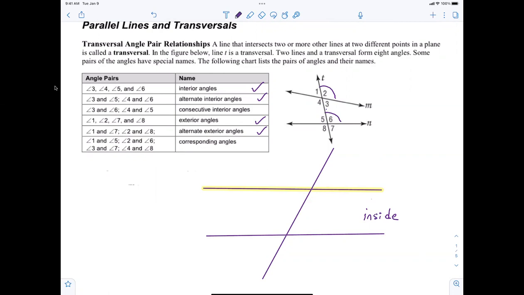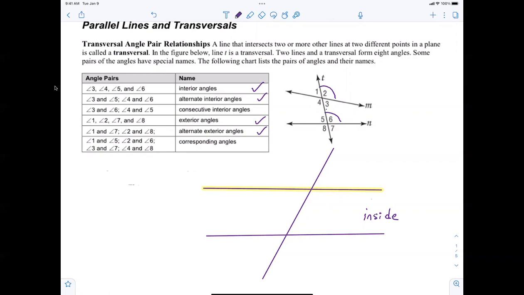Corresponding angles because they are on the right side, but on the bottom. And then you can say 1 and 5 are corresponding because they are on the left and on the top. That's what's meant by corresponding. And finally, 4 and 8 are also considered corresponding because they are on the left side and on the bottom. That is it. That's what you have to know.